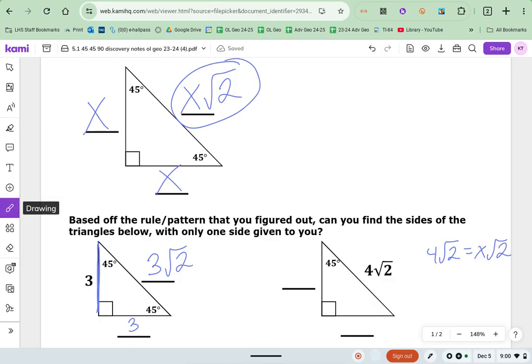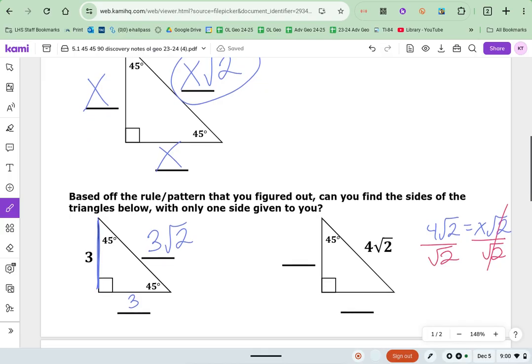What's happening is that right now, x is being multiplied by the square root of 2. So we're going to divide by the square root of 2 on each side to undo that multiplication. So on the right, root 2 over root 2 divides to 1, so it cancels. On the left, root 2 divided by root 2 also divides to 1, so it cancels. So we have that x is equal to 4. So each of these legs is 4.